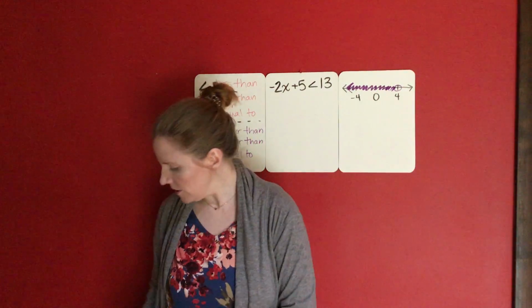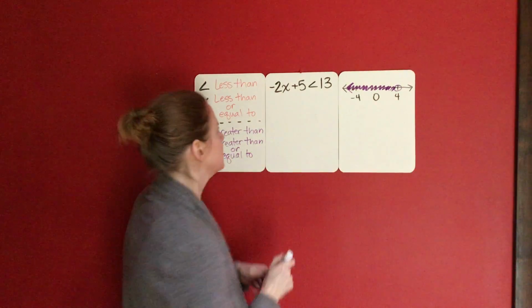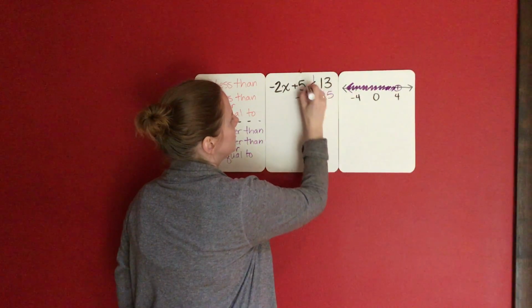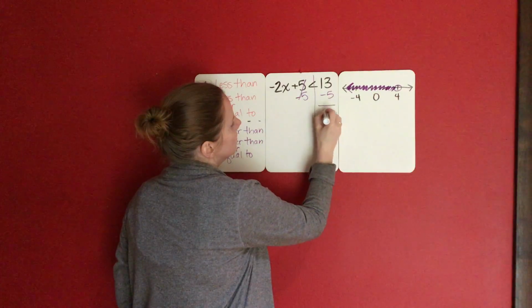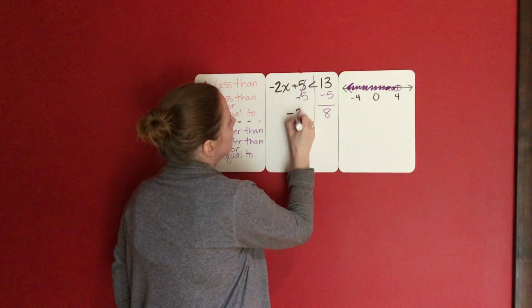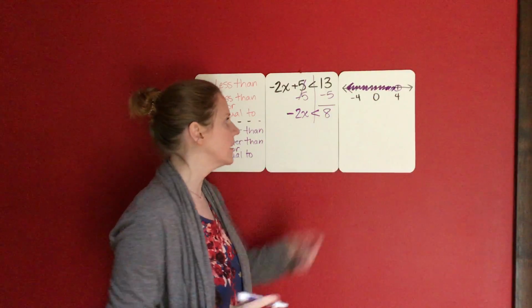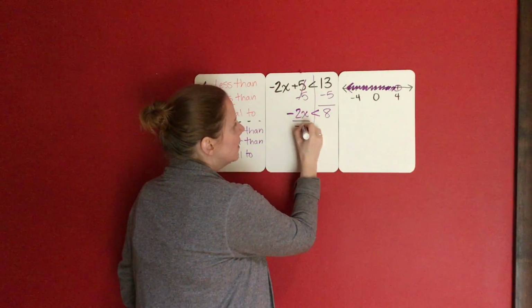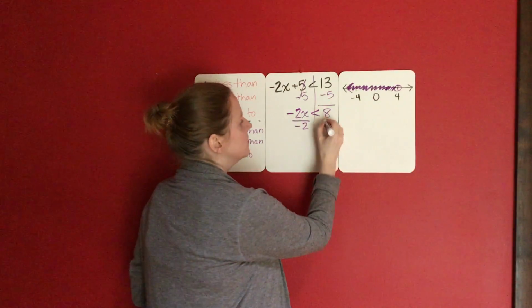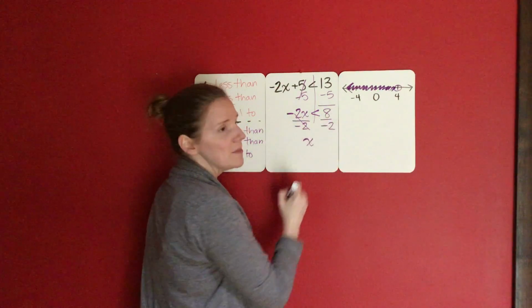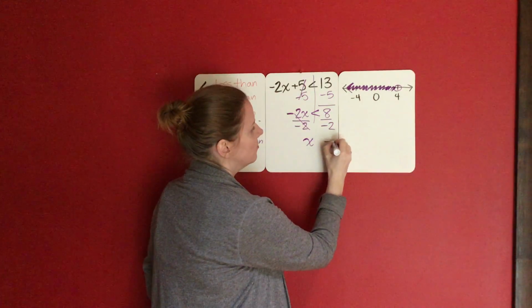We're going to follow our same steps. We're still going to subtract 5 from both sides of the inequality sign. Now I have negative 2x is less than 8, and I'm going to divide, but this time I'm dividing by negative 2. 8 divided by negative 2 gives me negative 4.